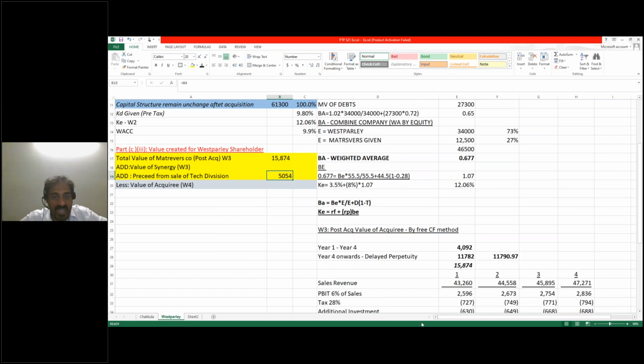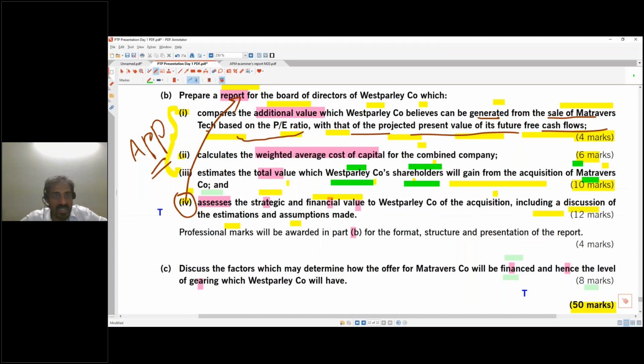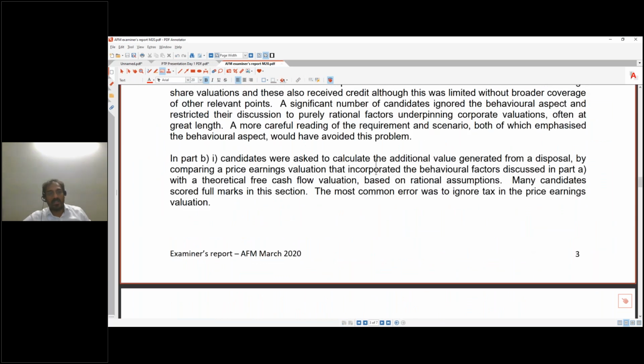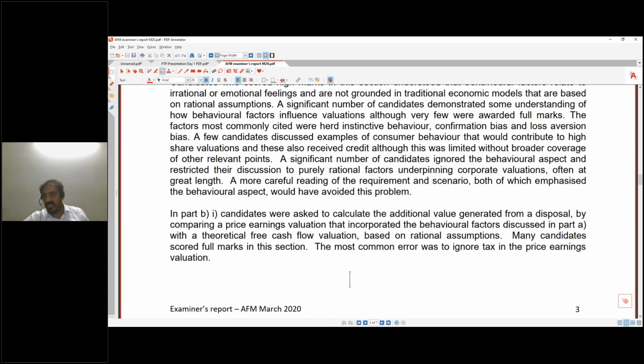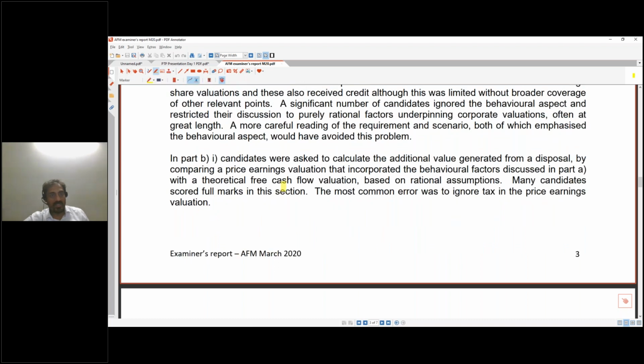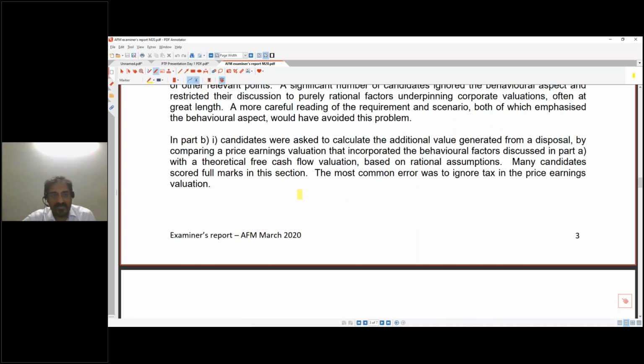Plus, the important thing is that we are considering here, listen carefully, what the examiner says about this question. For example, in part B1, listen carefully.